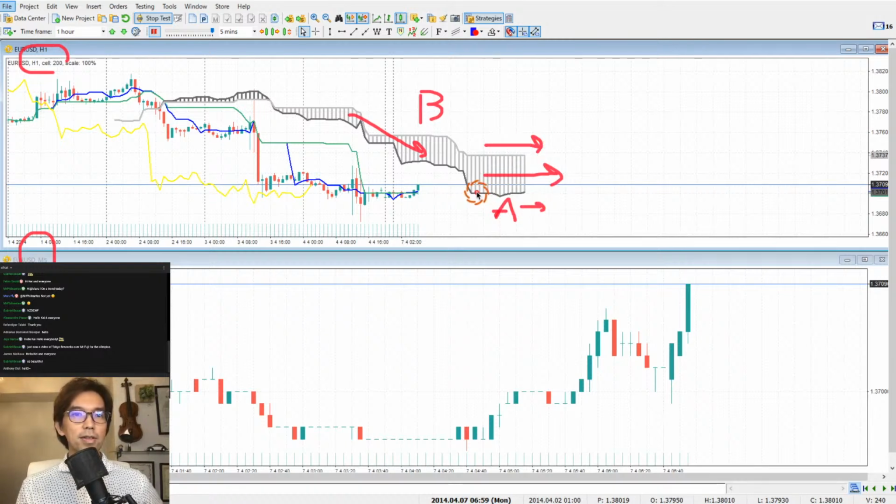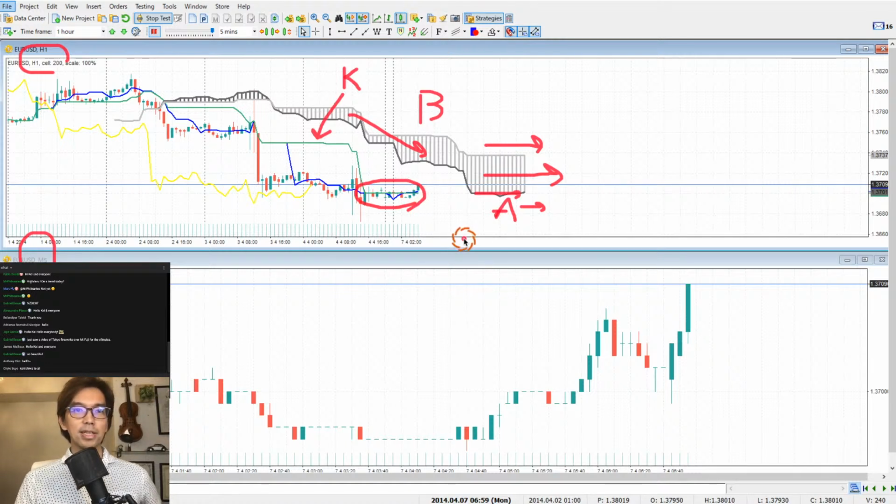In my chart setting, the green line is the Kijun Sen. I just put K here, just my name, K. Kijun Sen is green, and this is flat. Right now, the Kijun Sen has been completely flat, so that means there is no trend in the market.